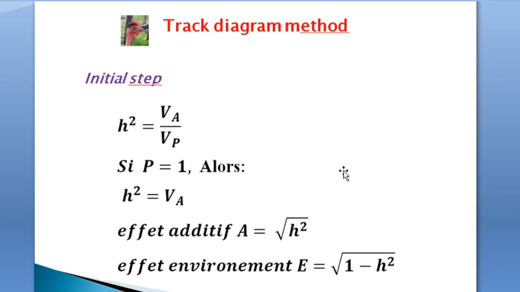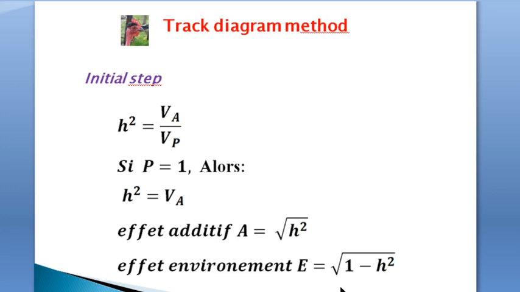Now, knowing that phenotype variance is equal to additive variance plus environmental variance, it simply means that environmental variance is equal to phenotype variance minus additive variance, and the environmental effect E is equal to the square root of 1 minus heritability, since the phenotype variance is equal to 1.